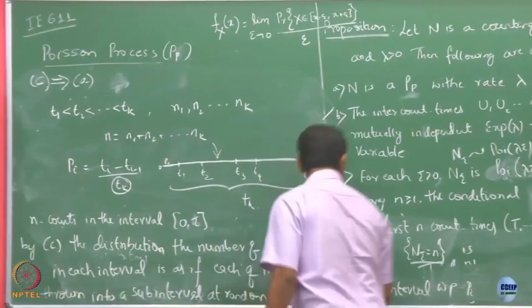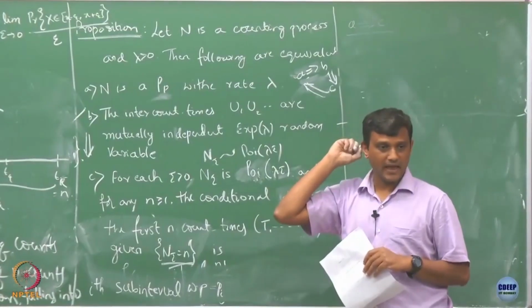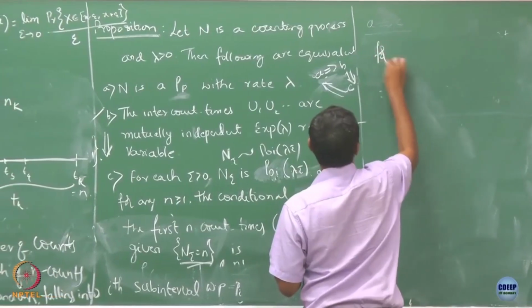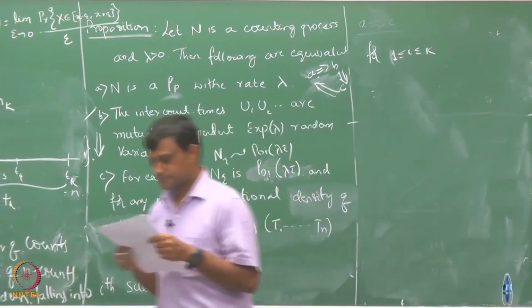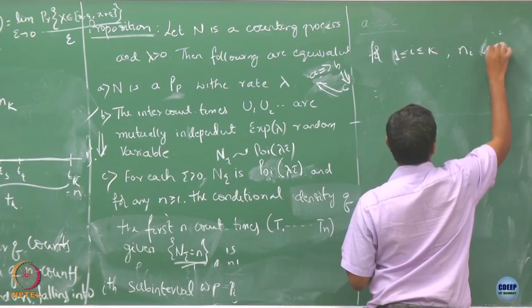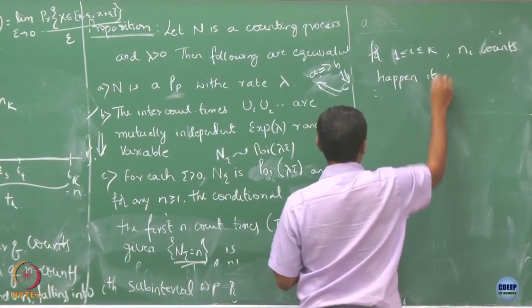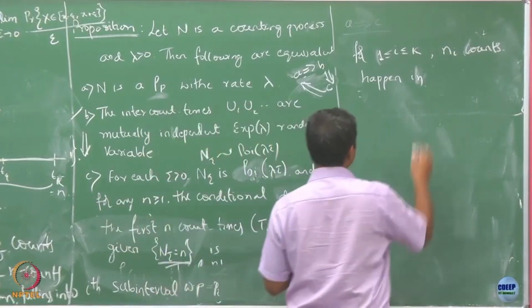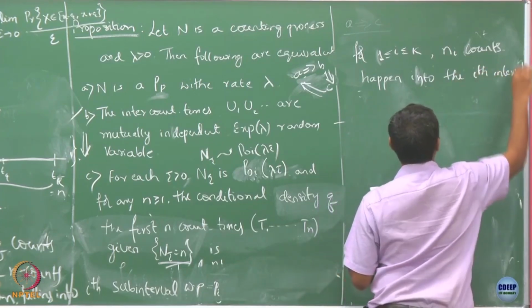So now, if we say that we have n items and ni items are going to fall in the ith interval, what is this probability going to be?